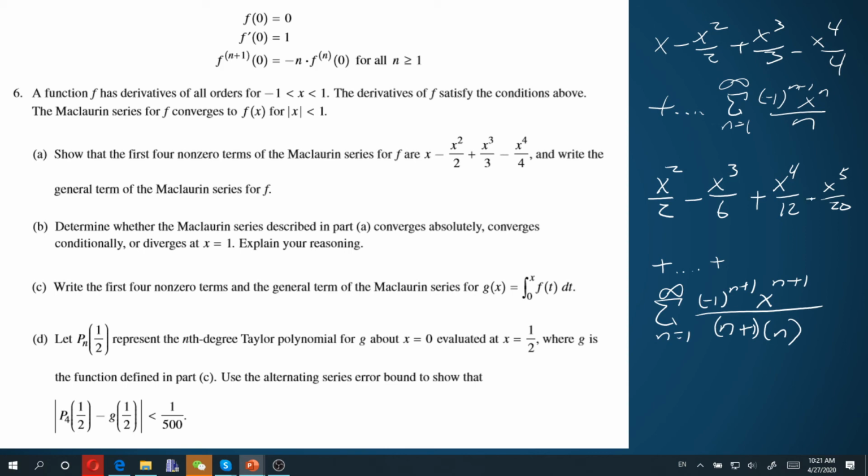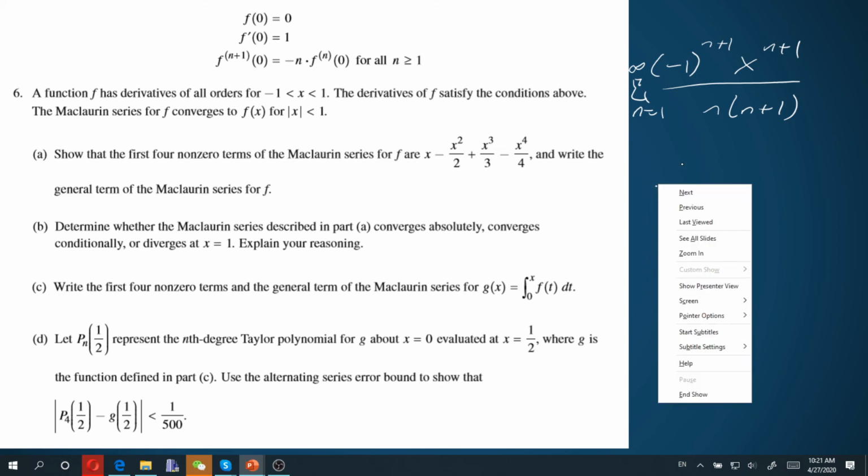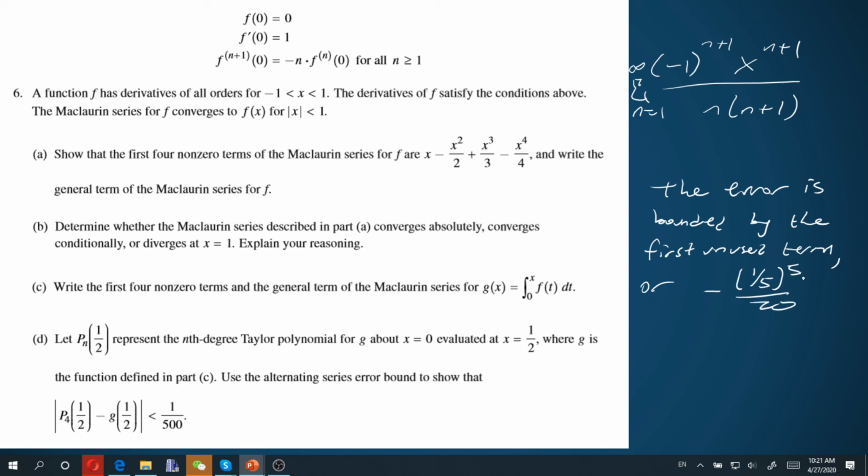Okay, so that'll end up being this term over here, right? Okay, so that's 1/2 to the 5th power over 20. The error is bounded by the first unused term, or negative 1/2 to the 5th power over 20, which we had from the last page.